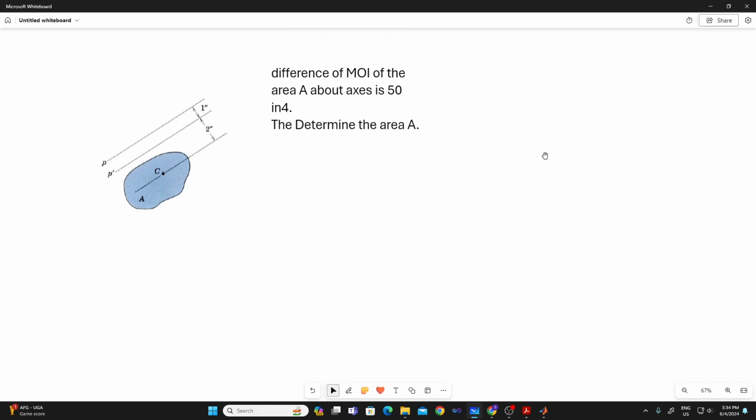So this is the problem statement. The difference of moment of inertia for the area A, about axis P and about axis P prime, is 50 inch to the power 4. Determine the area. What do you think we should do for this one?